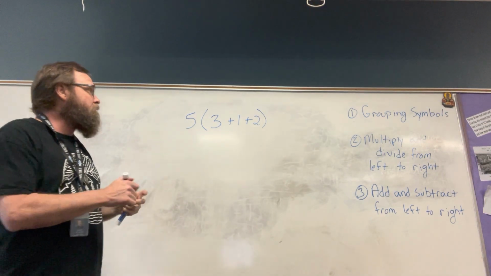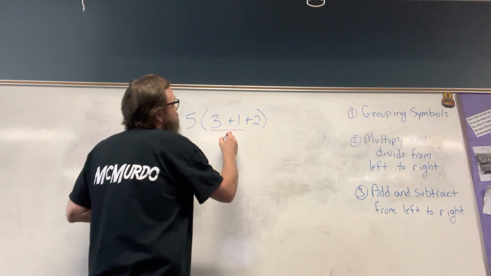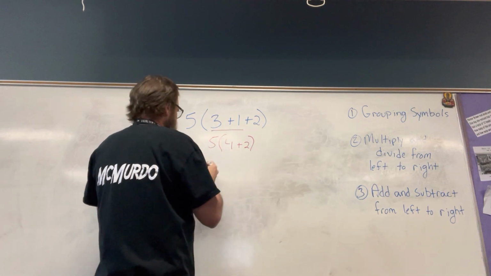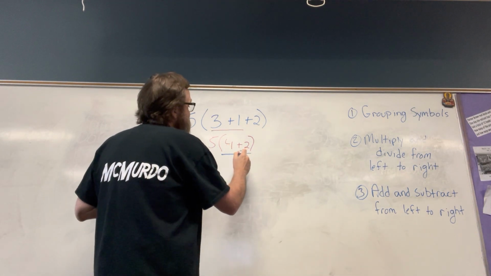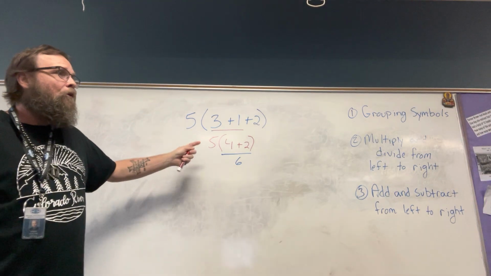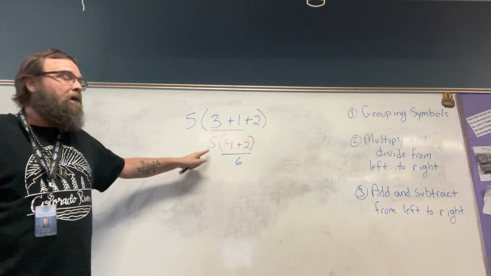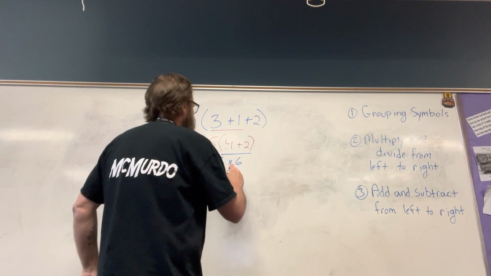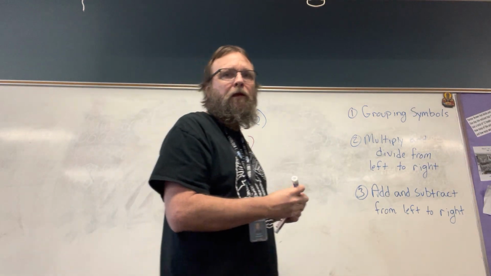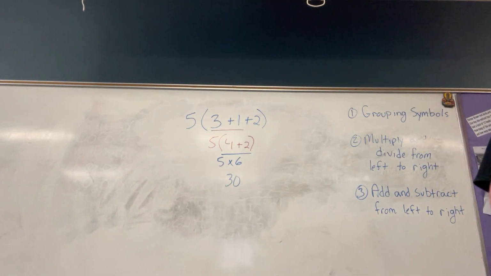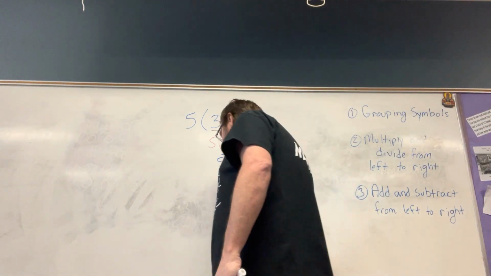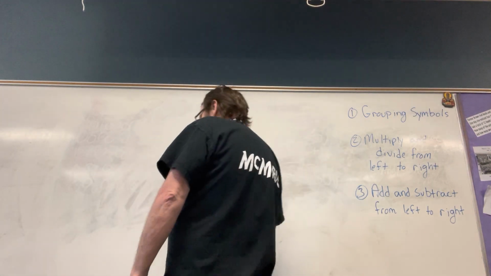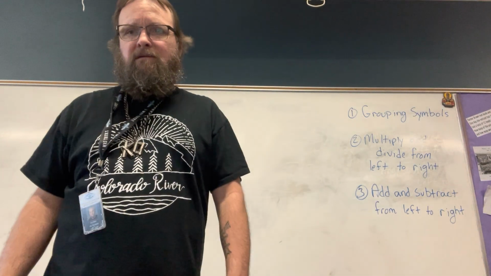And so I just have to solve what's in the parentheses. 3 plus 1 is 4. 4 plus 2 is 6. And this 5, right next to the parentheses, means we multiply. Then I have 5 times 6, and I get 30. These are really easy, but you got to ask yourself each step. Otherwise, you're going to get an answer that's cattywampus.